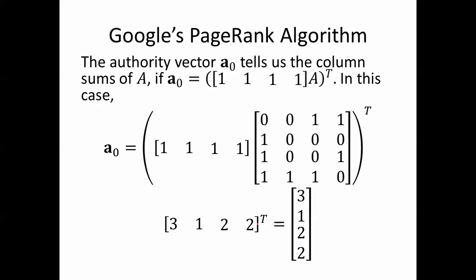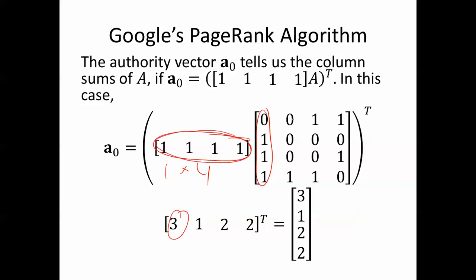The authority vector tells us the column sums of A. So this will help us to figure out which is the greatest authority, which one gets referenced the most. We let A0 equal the row vector 1, 1, 1, 1 times A, and then take the transpose. In this case, 1, 1, 1, 1 times our matrix A. Well, let's see. This is a 1 by 4 matrix. So you take this row and this column, take the dot product, and you end up with 3.